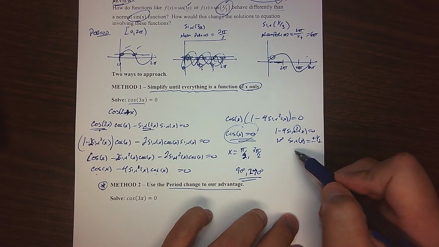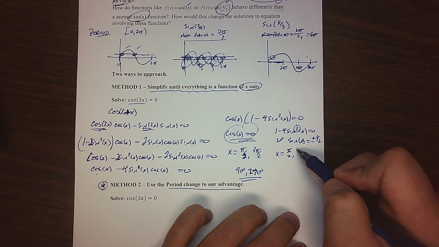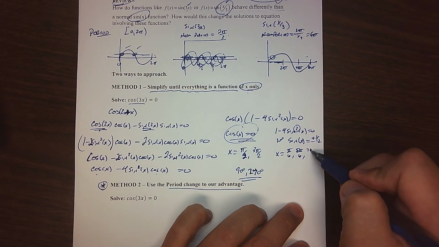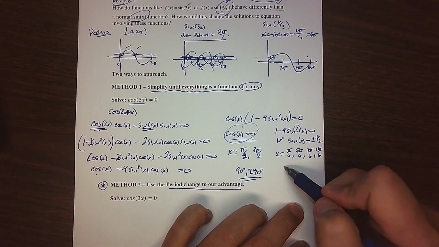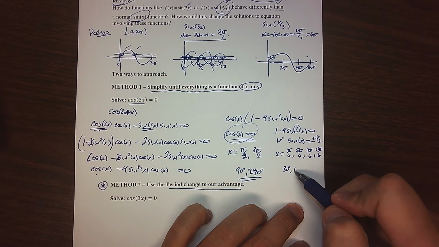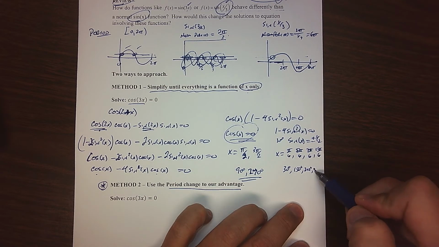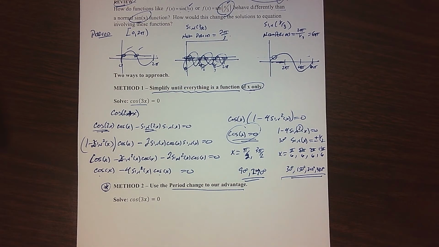So 30-degree reference would give us pi over 6, 5 pi over 6, 7 pi over 6, and 11 pi over 6, or 30 degrees, 150 degrees, 210 degrees, 330 degrees. So there would be all our solutions. So we have 6 solutions for that particular situation.